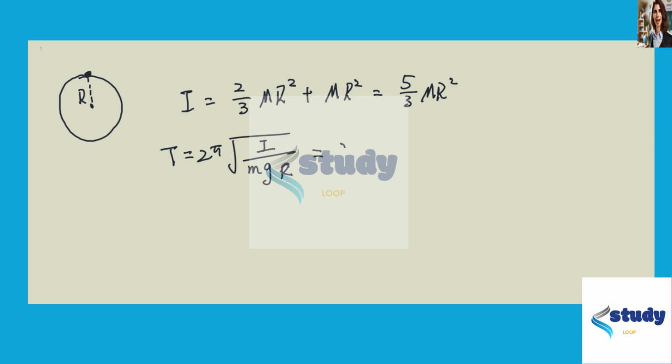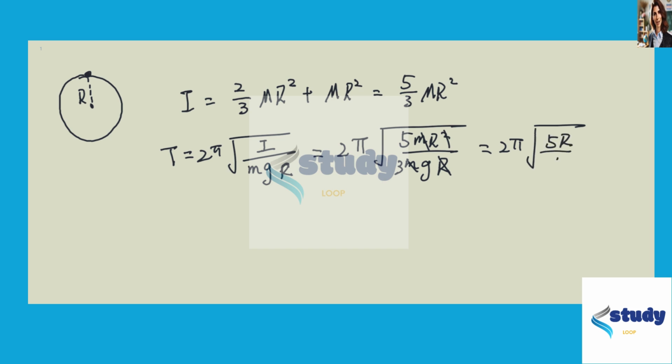Plug in the numbers: it's going to be 5/3 mr squared over mgr, right? r canceled. So it's going to be 2 pi square root of 5r over 3g. So we plug in the numbers, and we'll get 0.58 seconds.